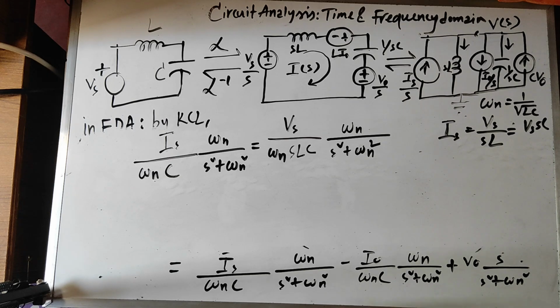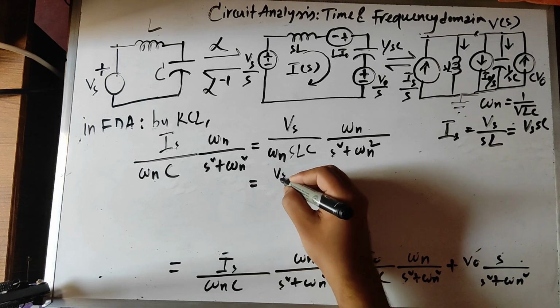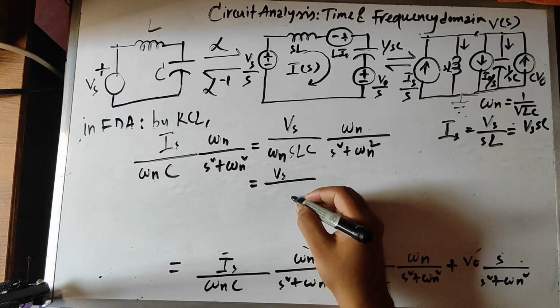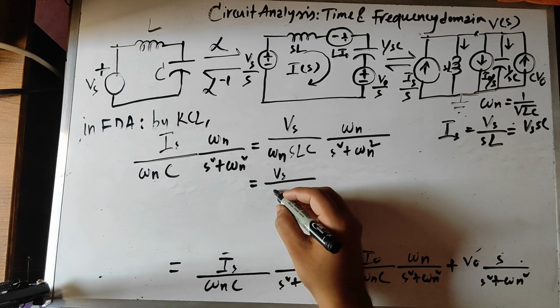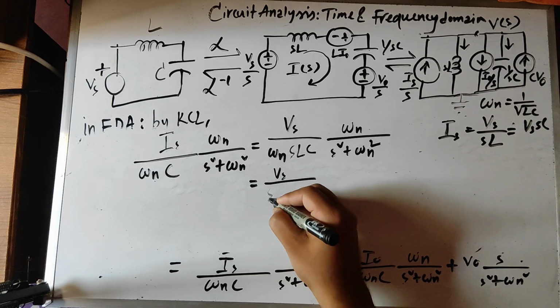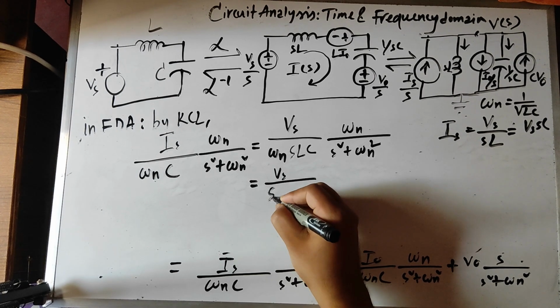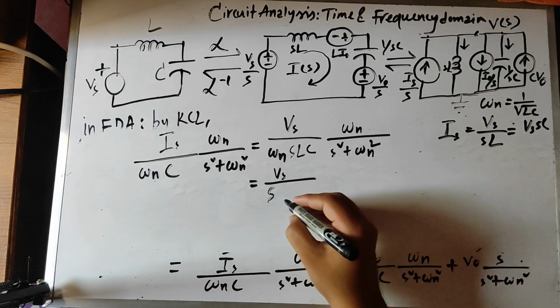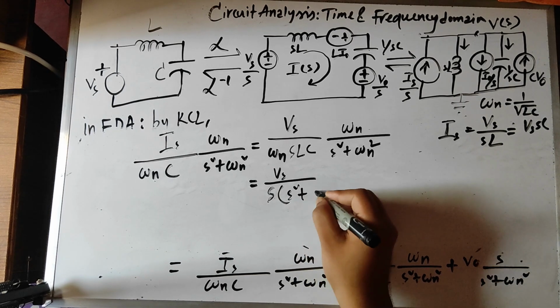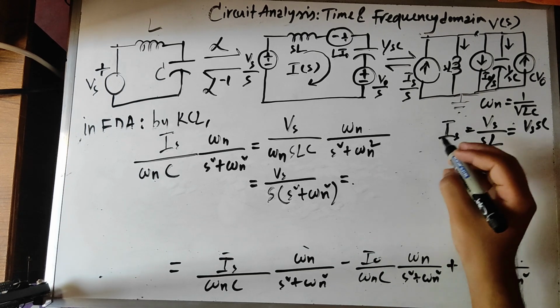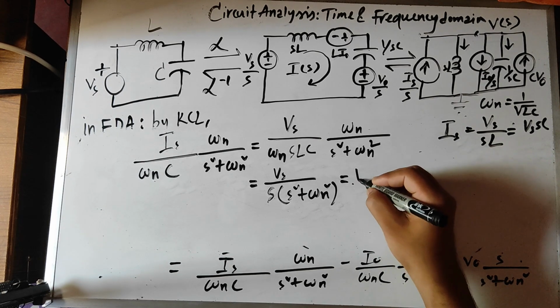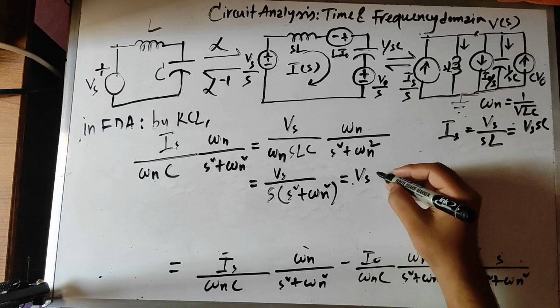Now what we're going to do is, Vs by s into s squared plus omega n squared, and here let us take the partial fraction of this.